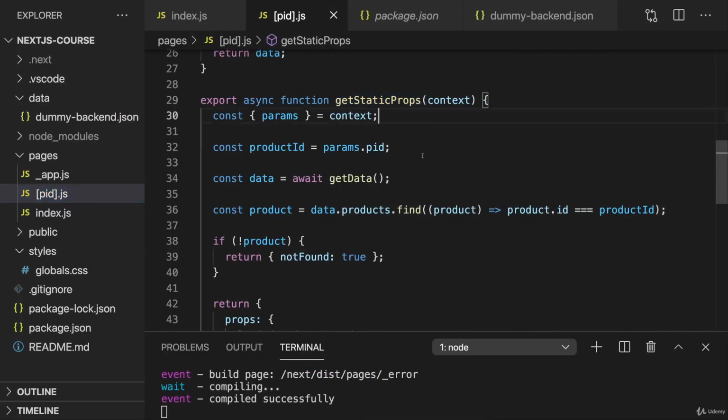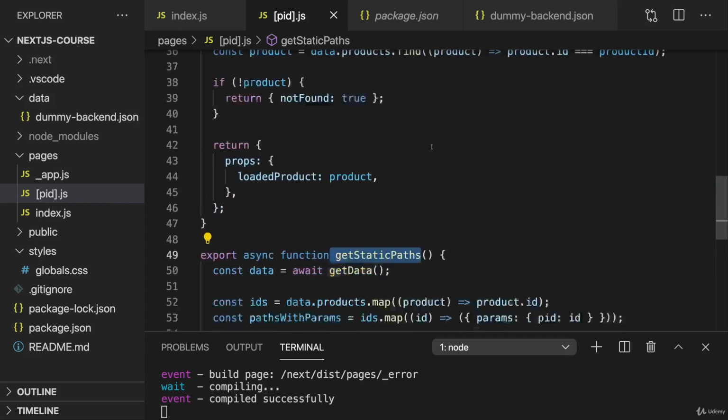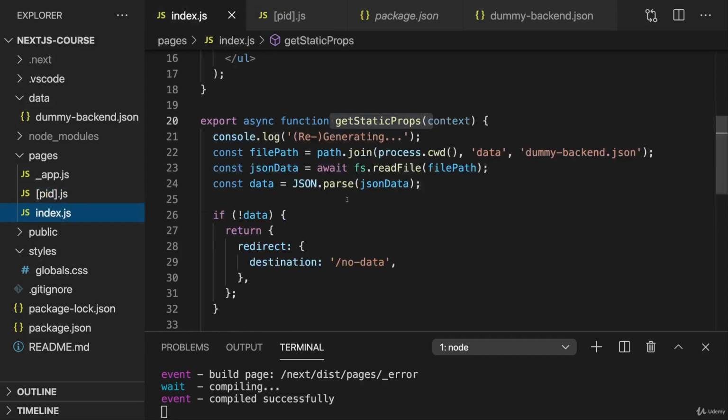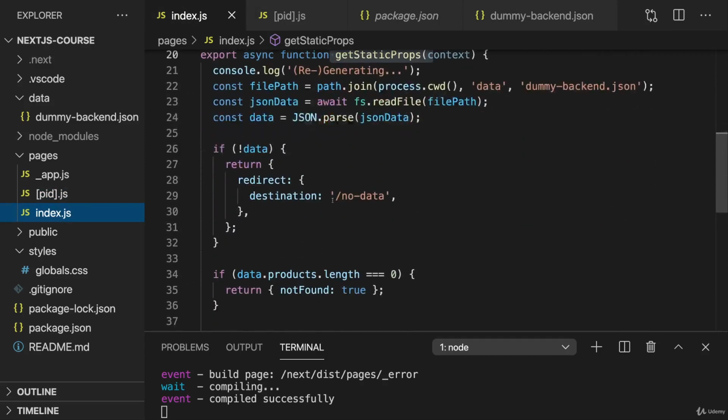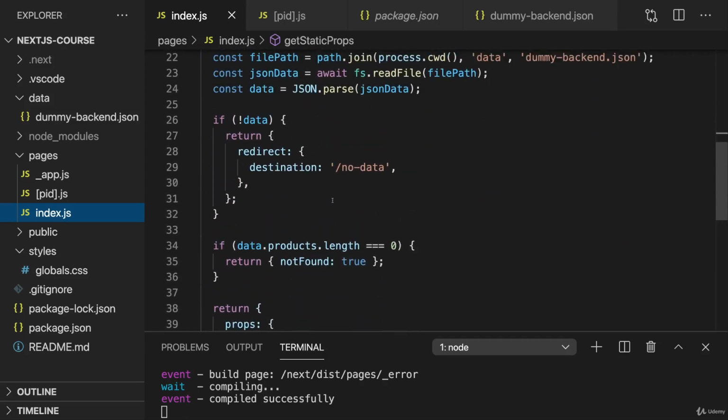Inside of getStaticProps and also inside of getStaticPaths, we don't have access to the actual request which is incoming, because these functions are not called for the actual request, at least not only. With incremental static generation, they are also called for incoming requests, at least sometimes if they need to be revalidated, but they are generally called when your project is built.